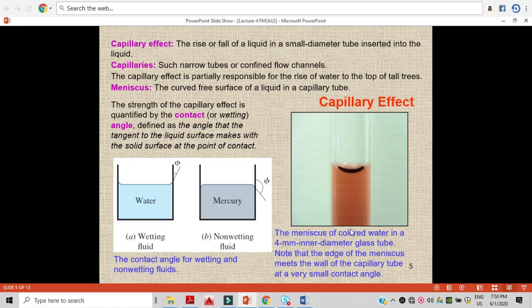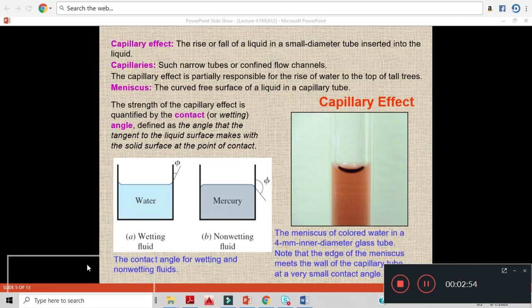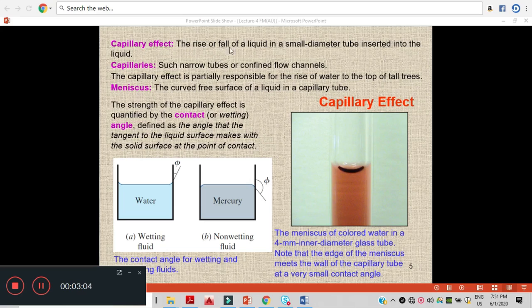Now let's move on to the capillary effect. What are capillaries and the capillary effect? It is the rise or fall of a liquid in a small diameter tube inserted into the liquid. Whenever we insert a small diameter tube, this is very important, into a liquid, we can observe the fall or rise of the liquid in the capillary tube.